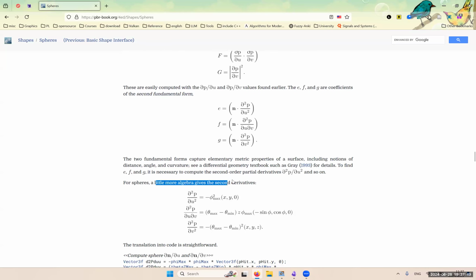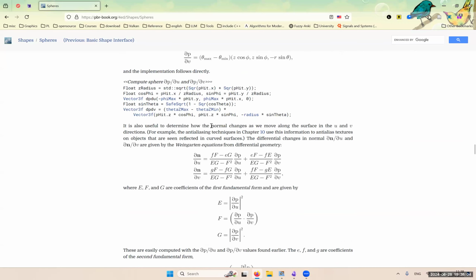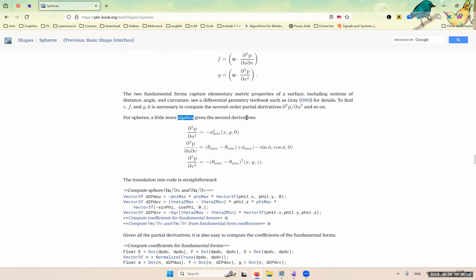Okay, a little more algebra gives us the second partials. I think they should say a little more calculus, or like it's a calculus exercise, not an algebra exercise, but whatever.